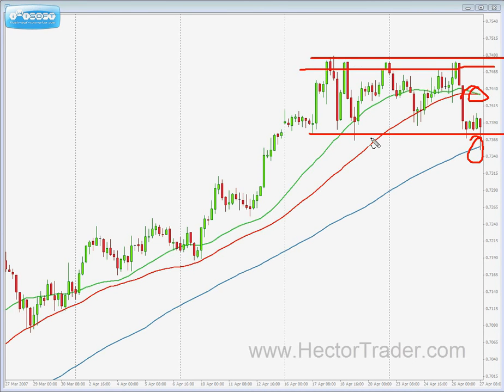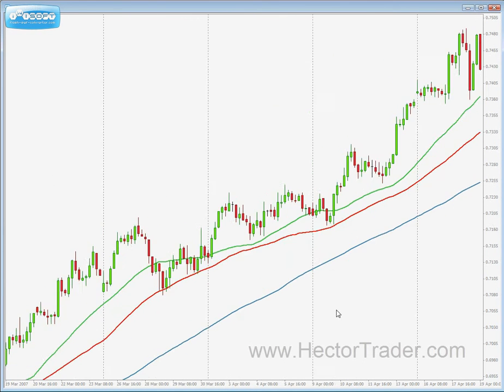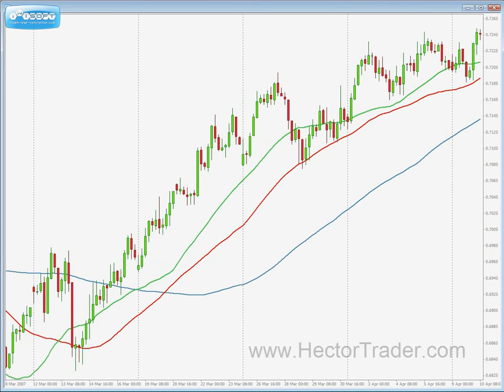We are trending no longer, guys. We had been trending up to this point. Let me clean up the chart a little bit. We had been trending from up there all the way from here.